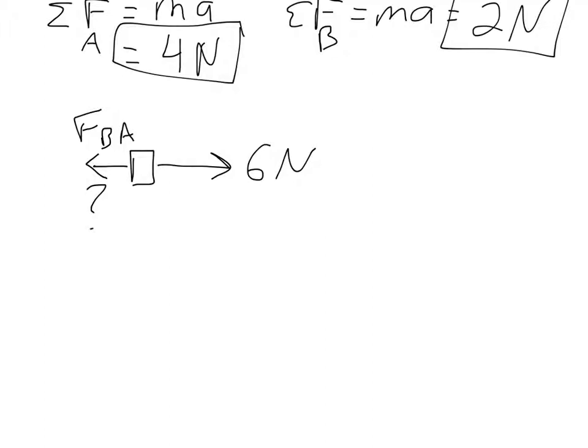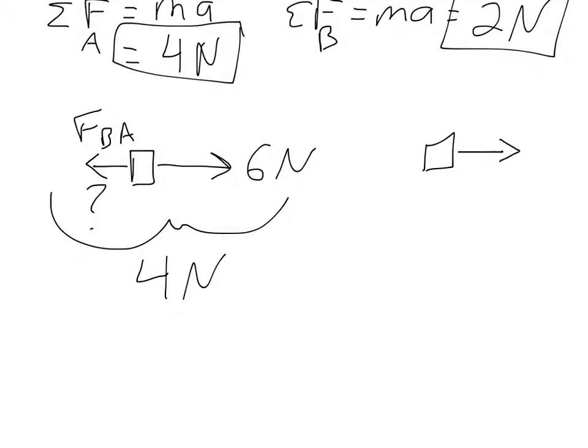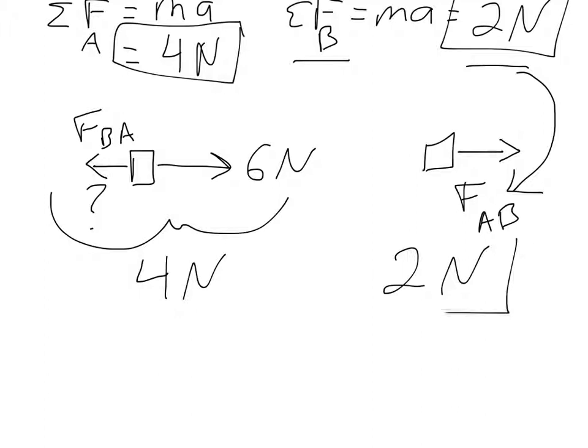But we do know that these two forces have to add up to 4 newtons. If we look at the free body diagram of B, my hand is not touching it. The only thing touching it is the force of A on B. Now we already know that the net force is 2 newtons. So if that is the only force, then the force of A on B has to be 2 newtons.